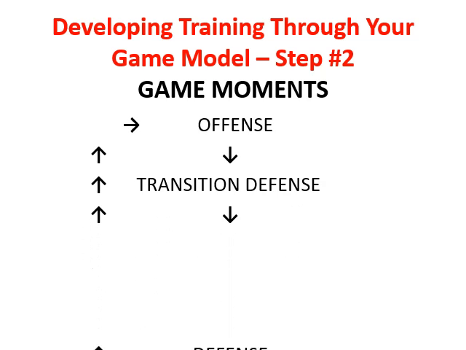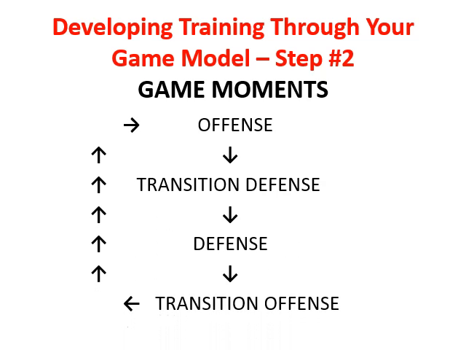Step 2 looks at this a bit more, so you can see that it's pretty much a giant loop. If you haven't got the ball, you're trying to get the ball. If you have the ball, you're trying to keep the ball. So in offense, you've tried to score, you've lost the ball. Now you've got to transition into your defense, then your defense sets in, then you get the ball back, and then you transition into your offense, you're back into your offense again.